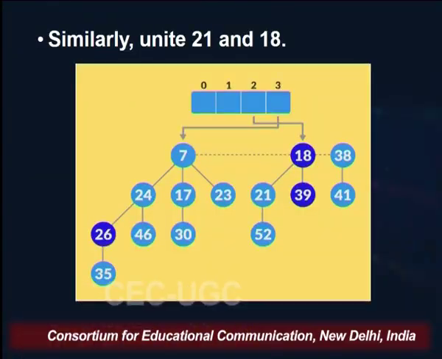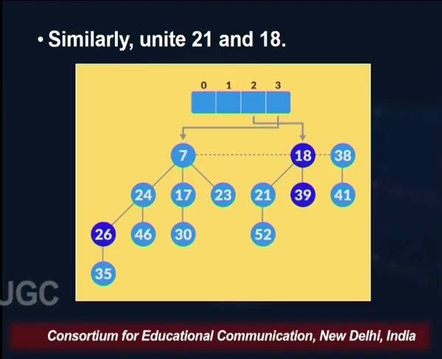So, here we are uniting 21 and 18. 21 and 18 when united, 18 remains the root and 21 has taken the position of child of 18, and now if you can see, all the trees here have different degree. The tree rooted at 38 has only 41 as its child, then 18 has 2 children, which are 21 and 39, and 7 has 3.